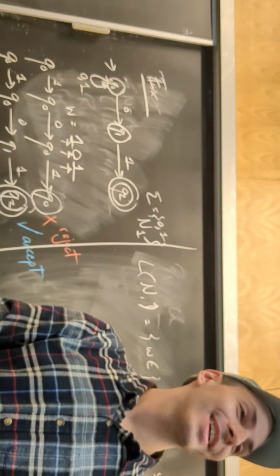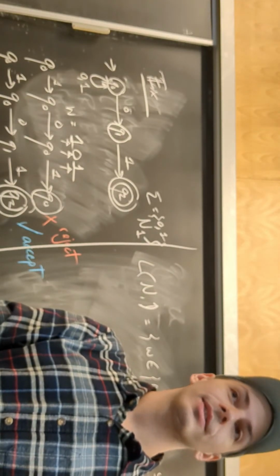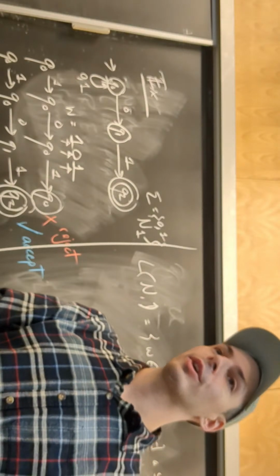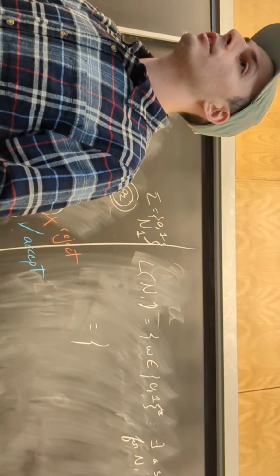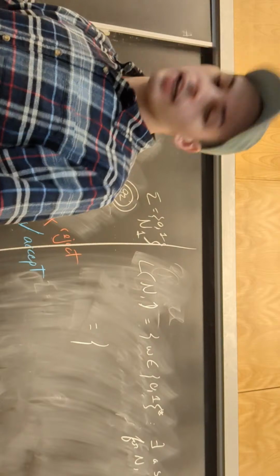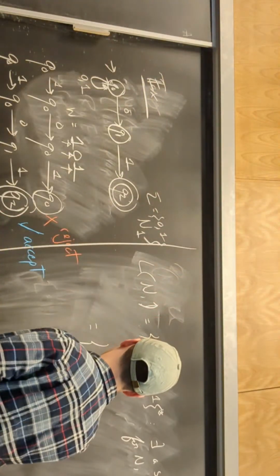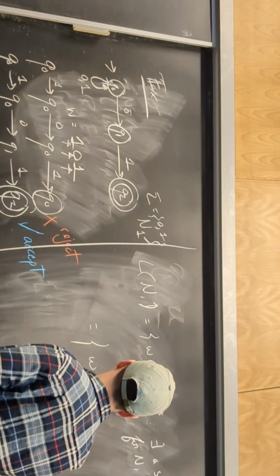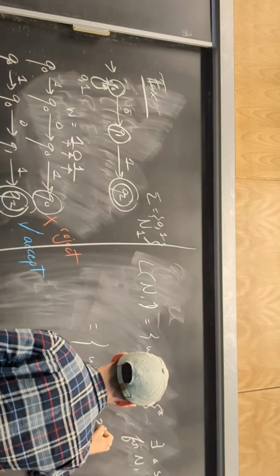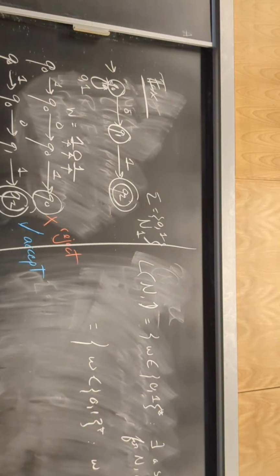That was kind of fast. Any ideas? Yep. What's your name, sorry? Dav? Any string that finishes with 0. Any string that, very good, yes. Okay, great. So L of N1 is the set of W in 0, 1 star such that W ends with 0.